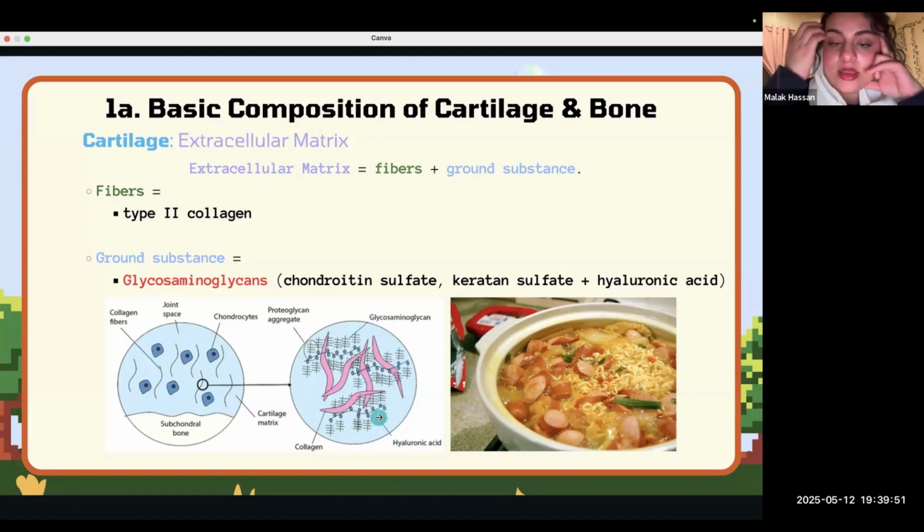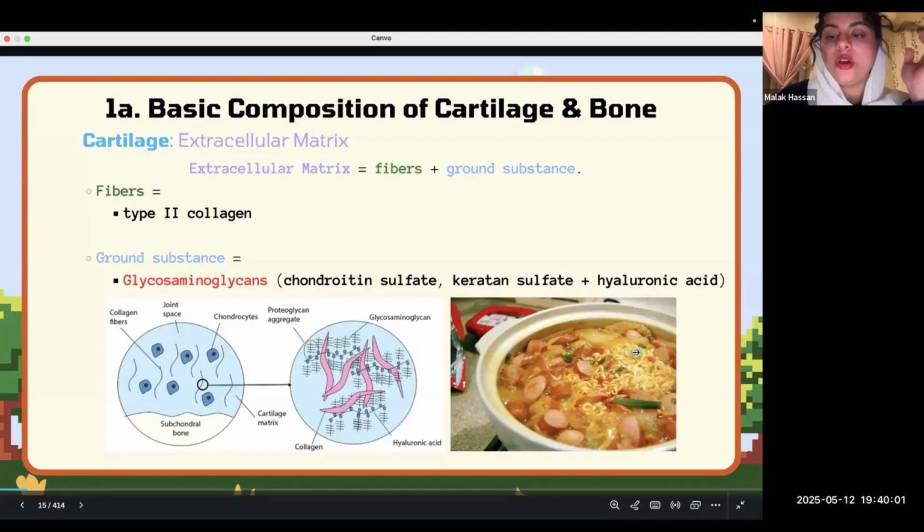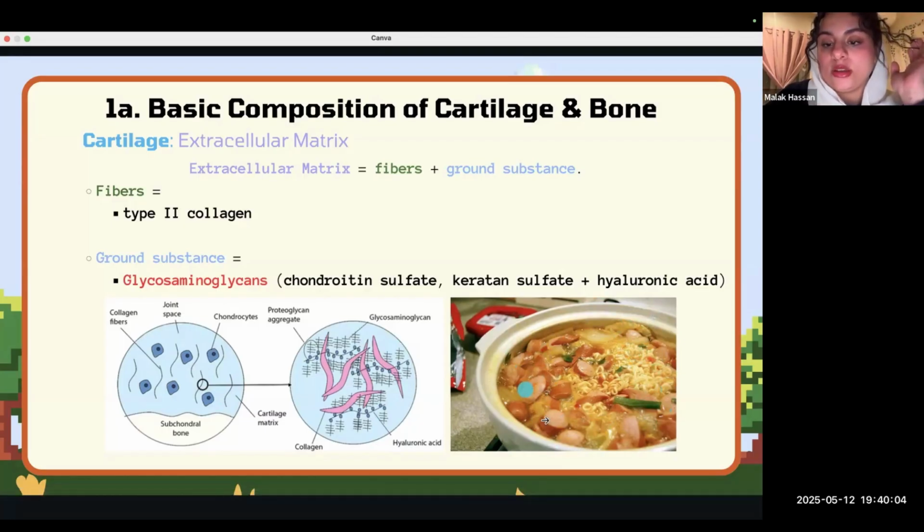Now, they're not just randomly placed, they are organized, okay? So what is this bowl of noodles doing here? I want you to think of the bowl of noodles as cartilage. So cartilage is the bowl of noodles. The hot dogs are the cells, the chondrocytes. The noodles are the fibers, and the broth is the ground substance, okay?